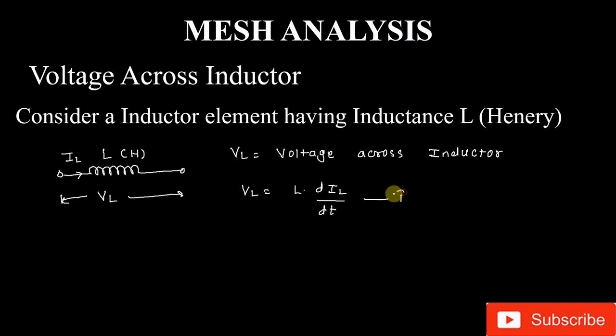This is according to Faraday's law. So the voltage across any inductor is equal to L di by dt, that is the rate of change of current with respect to time. Here you can see that we have one term d by dt, so we will have to substitute it to get the proper answer.